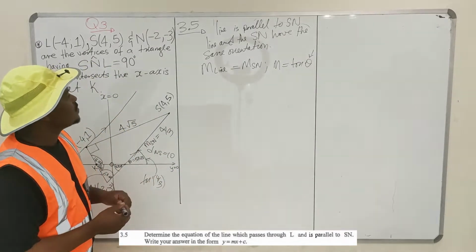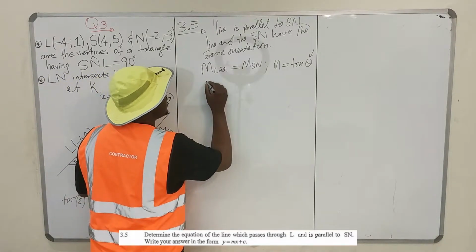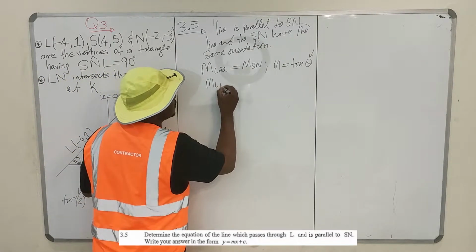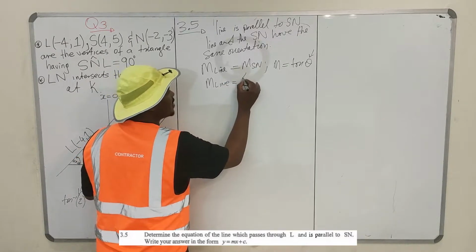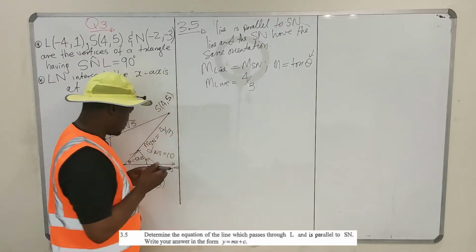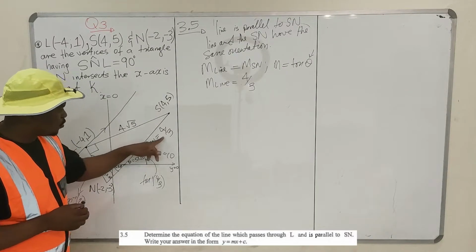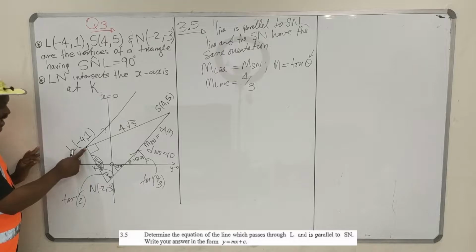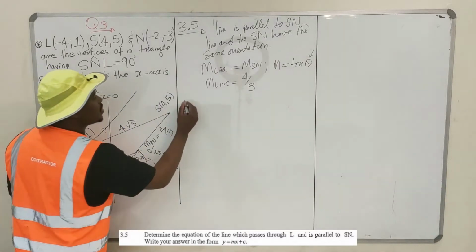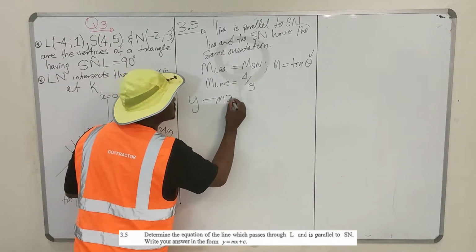So we know that the gradient of the line is equal to the gradient of SN. We know the gradient of SN is equal to 4/3. We discovered that a long time ago. So you want a line that passes here and has that gradient. You say y is equal to mx plus c.